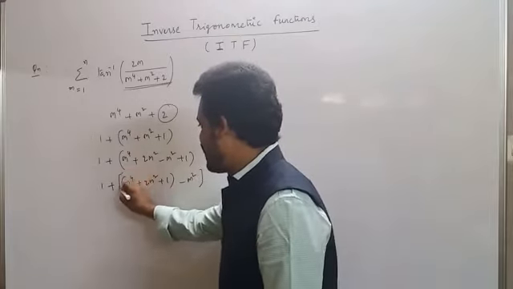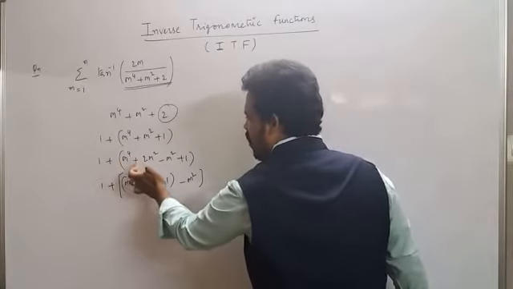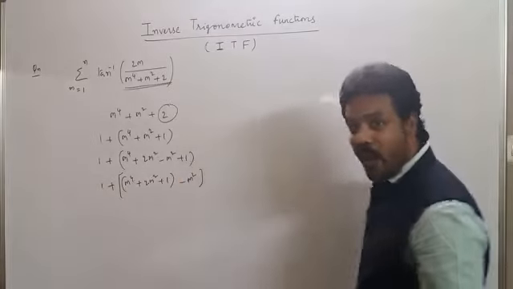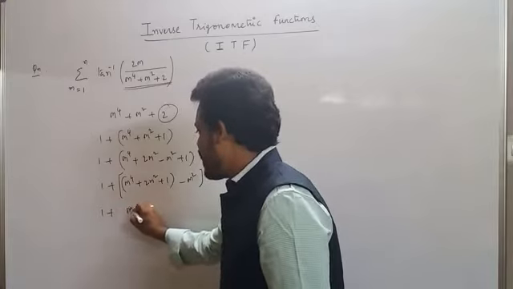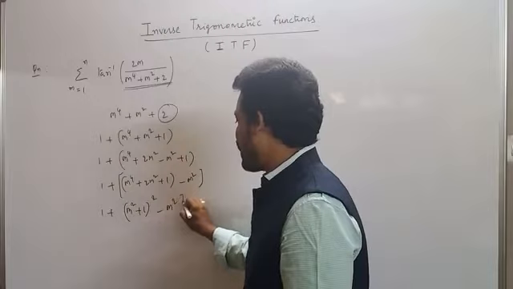Just observe this. I have taken m power 4 plus 2m square plus 1 as one bracket minus m square. I write this as 1 plus m square plus 1 whole square minus m square.